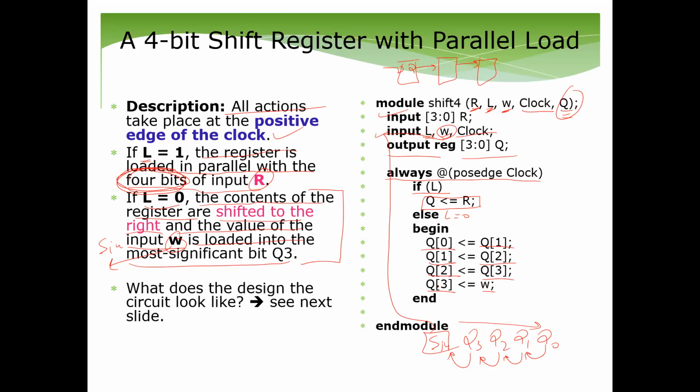You can do the same code if you want to shift left, but you're going to invert everything here. If you want to shift left, write your number, that's Q3, Q2, Q1, Q0.